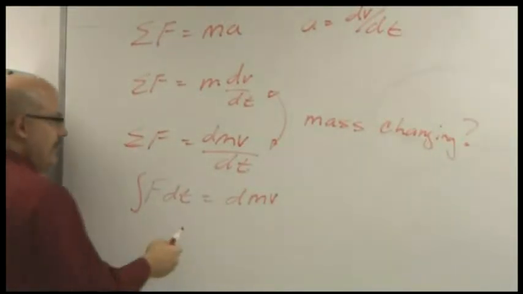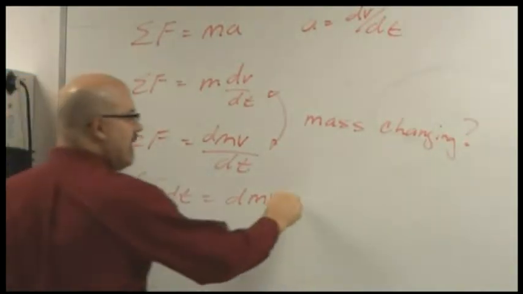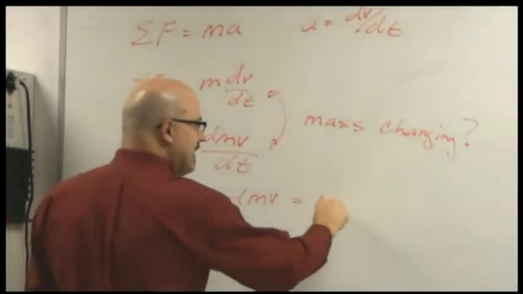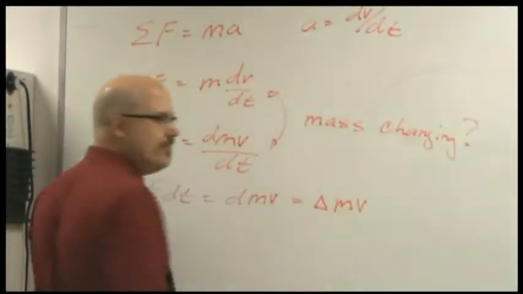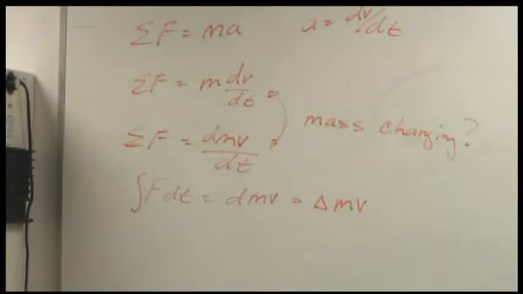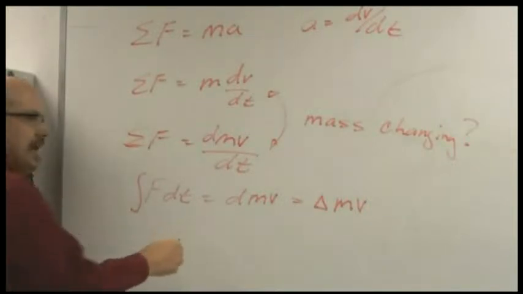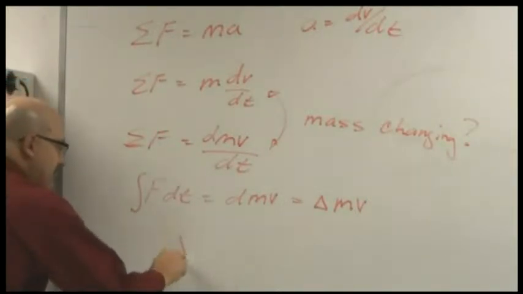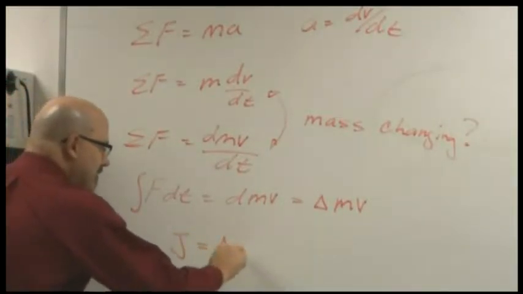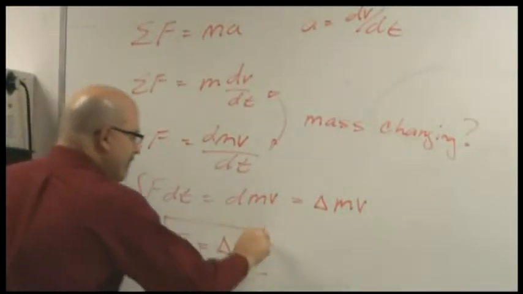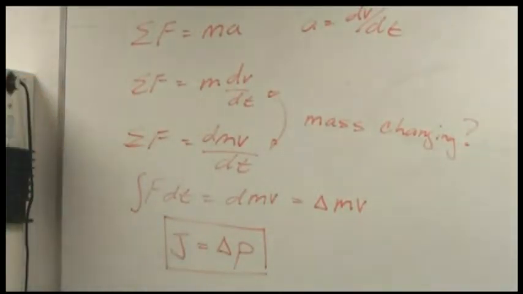Most of the time they just write that as delta mv. What's mv? Momentum. And so in many books you'll see this written as J equals delta P. That's the simplest version of that equation.